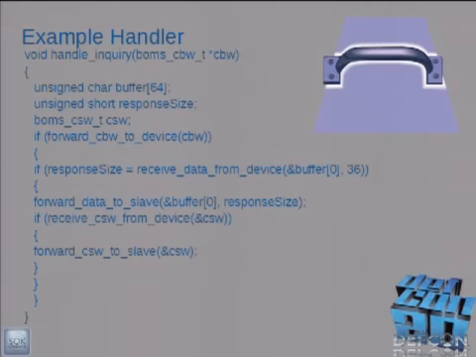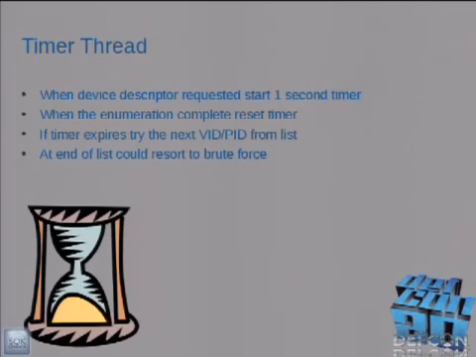It's not rocket science here. Right? Timer thread, as I said, will get started, and it will wait for additional queries for descriptors, and it will get reset if the device actually got fully enumerated.